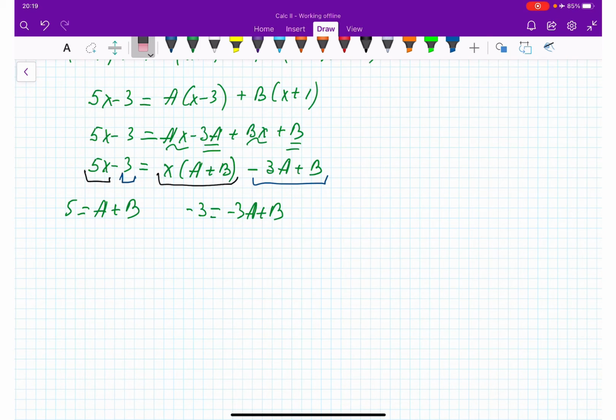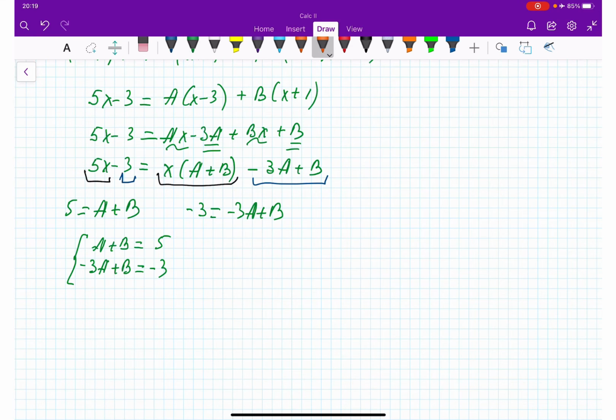Now let's solve the system of equations and find a and b. So we get a plus b is equal to 5, and negative 3a plus b is equal to negative 3. Okay, so how are we going to solve it? Very easy.